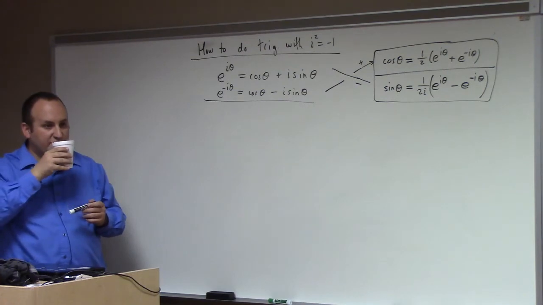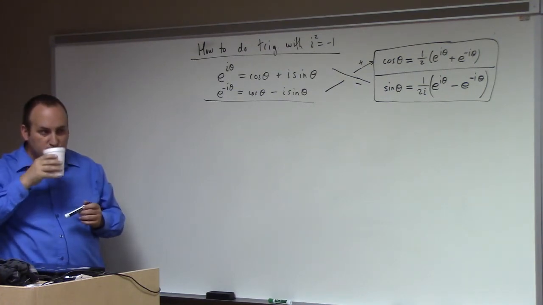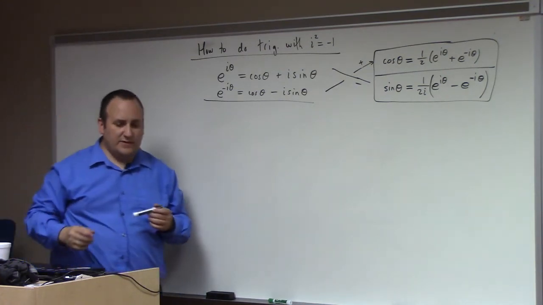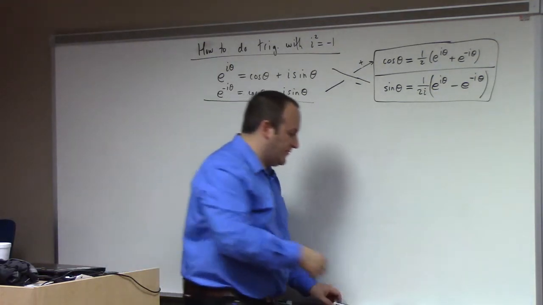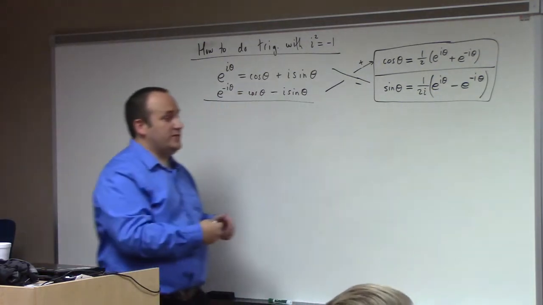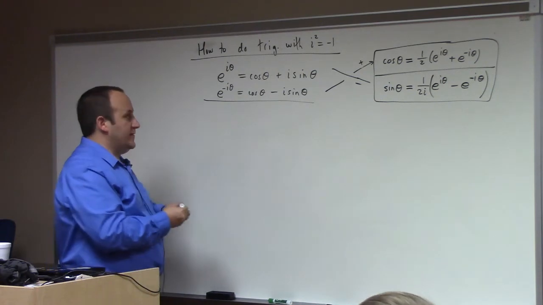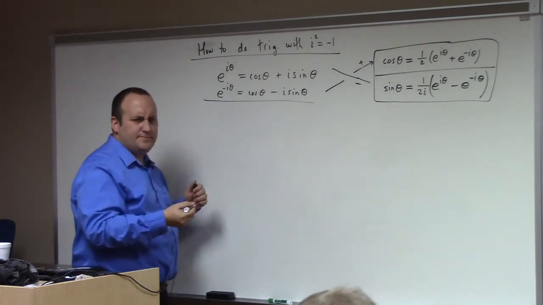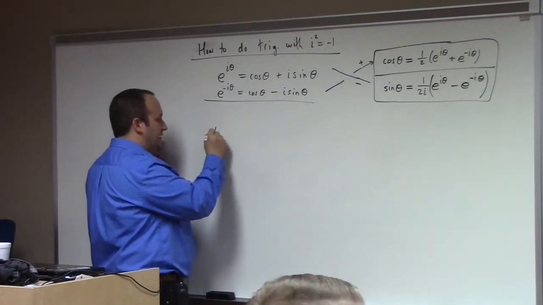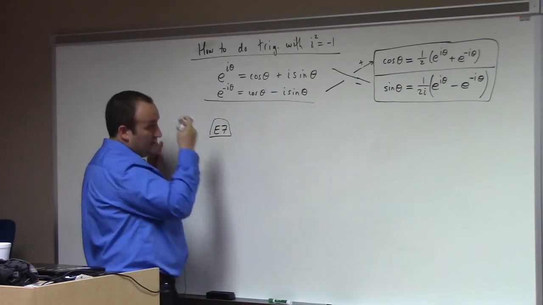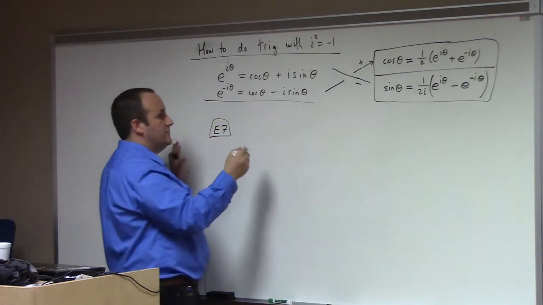Algebra of exponentials is something you can do. There shouldn't really be any intellectual burden to memorize and to remember these things because they're the usual laws of algebra. For example, what example am I on? 7? Yeah. For today, example 7. Check this out.